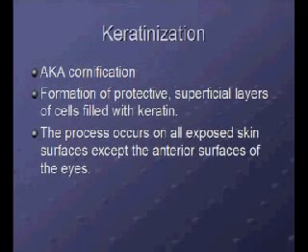Now, this is important to recognize, because if the anterior surface of the eye went through a process of keratinization or cornification, then the covering of the eye would become opaque, and we would not be able to focus light on our retina, and thus we would not be able to see. So again, cornification or keratinization takes place on all the superficial layers of the skin, with the exception of the anterior surface of the eye.